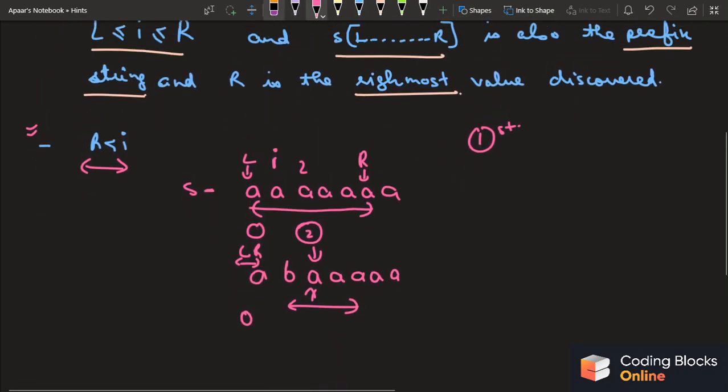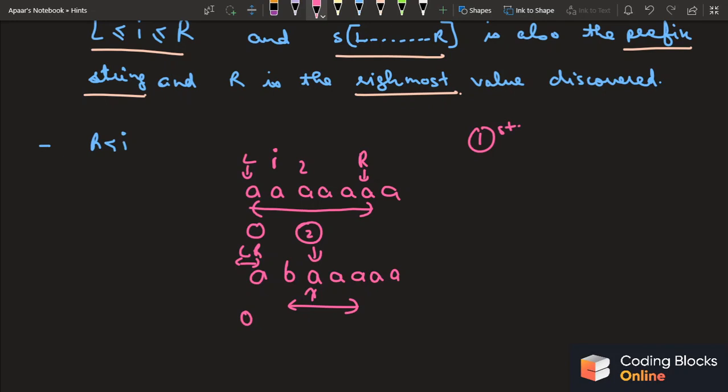For index 1, we are doing a trivial approach, simply expanding my L to R for index 1. But for index 2 and onwards, we'll only have two options. First option, that it lies somewhere inside L to R. The second option, that it does not lie inside L to R.